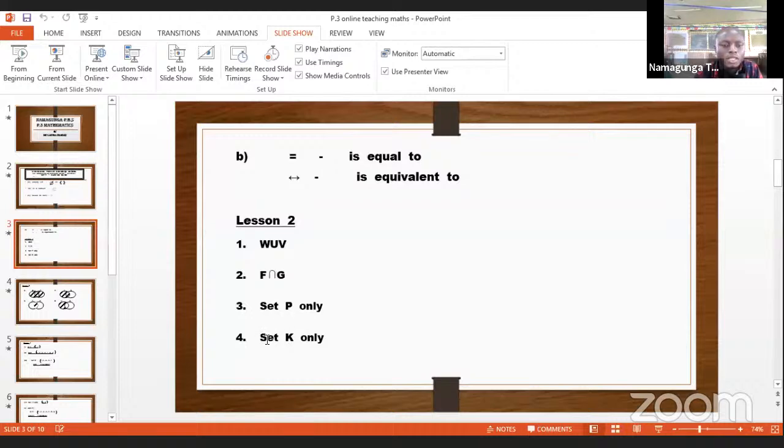The same thing to set K. They have shaded only part of set K. So that one will be set K only. I think we are together.